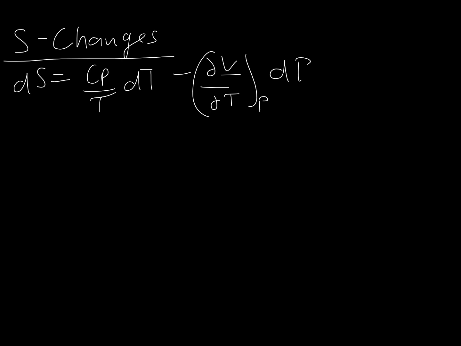It's a much simpler expression, which kind of makes sense because enthalpy is something we just kind of made up. But entropy itself is sort of a fundamental base function of the universe. So it's actually quite nice to work in entropy.